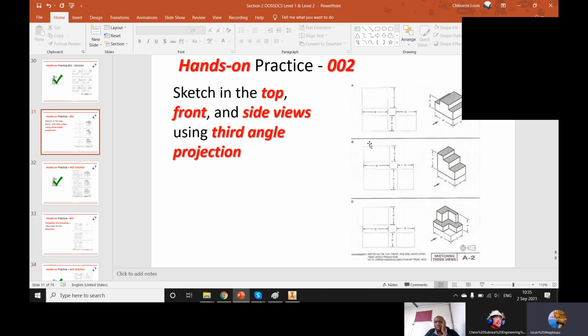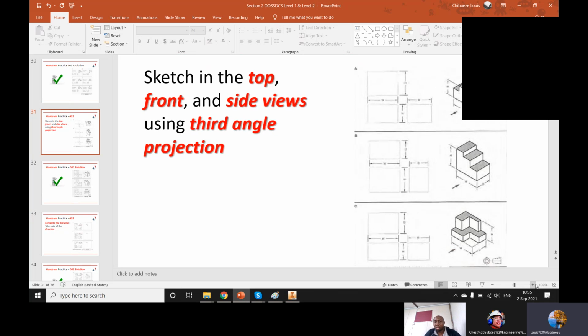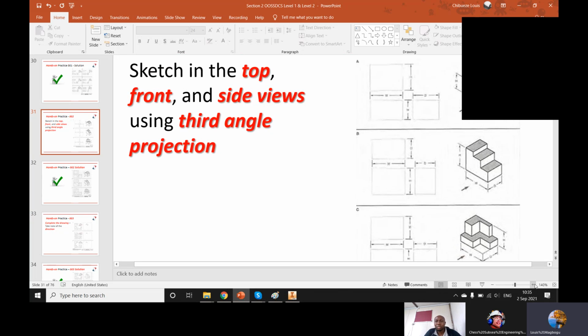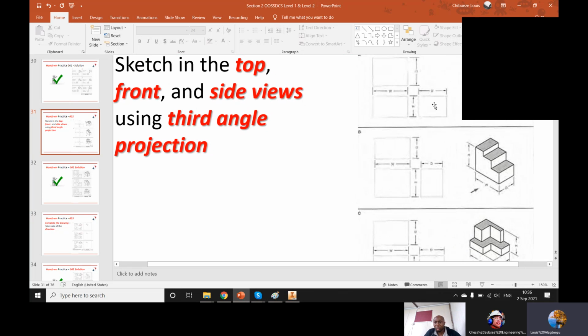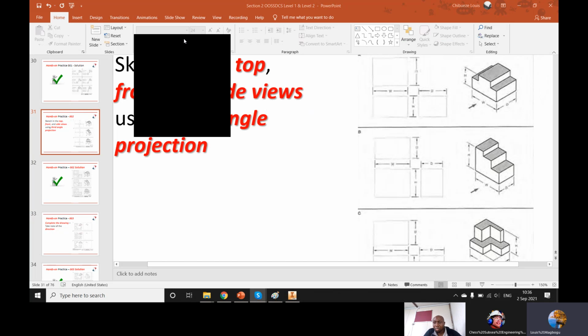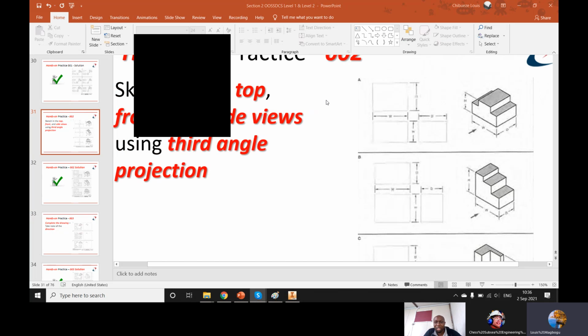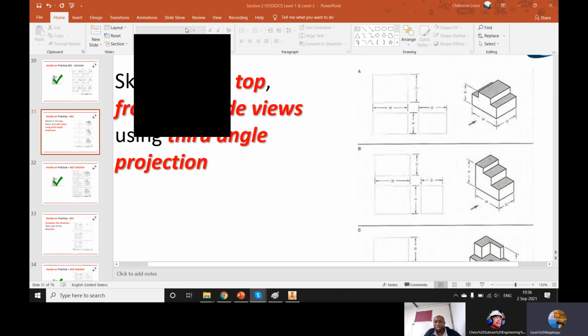You're required to produce three different sketches, the orthographic projection rather. So which one would you want to use? Anyone. Can you remove that black shade, please?